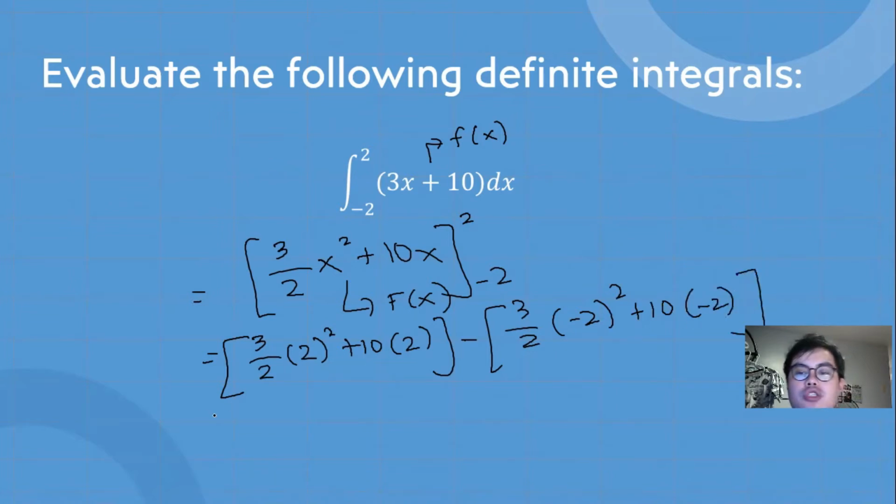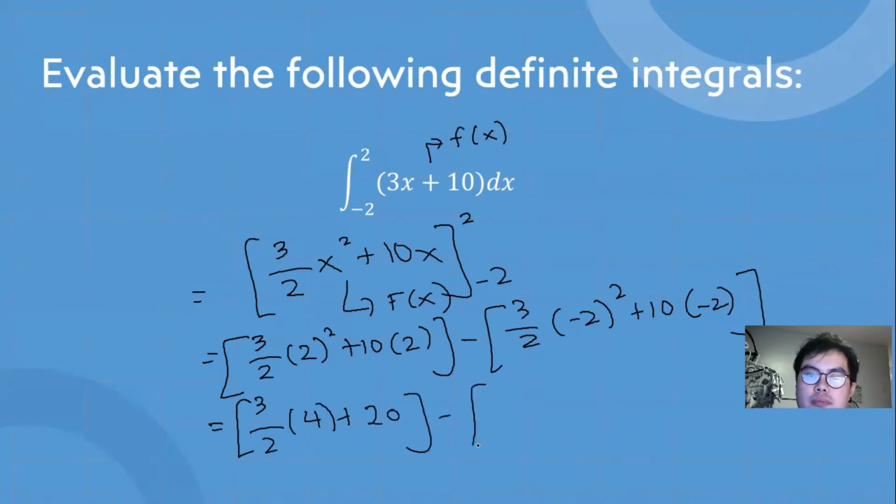So we're going to use the concepts of PEMDAS. Okay, pag sinabing 2 squared po, it will become 4. Tapos 10 times 2 will be 20. Then 3 over 2. Then negative 2 under the parentheses, squared, it will become 4. Then 10 times negative 2, it will become negative 20.